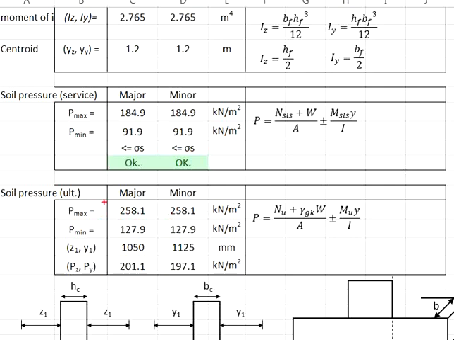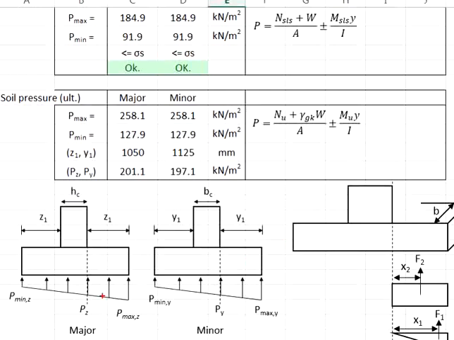After that, you will obtain the P maximum and P minimum due to the influence of the moment, leading you to the soil pressure something like this in the major and in the minor axis. The maximum stress is 258.1, whereas the minimum stress is 127.9 kN per meter squared.